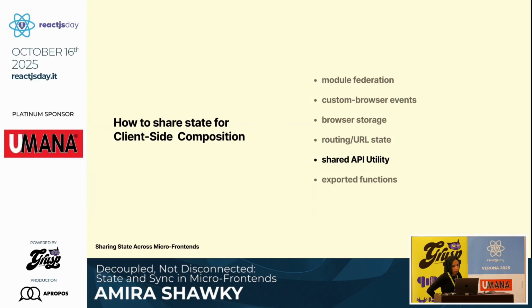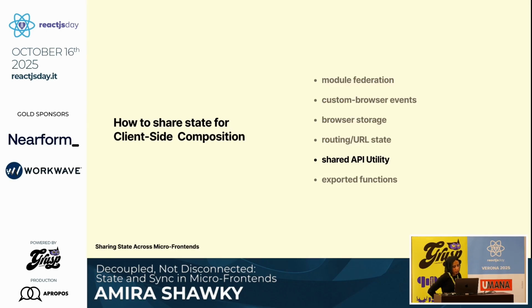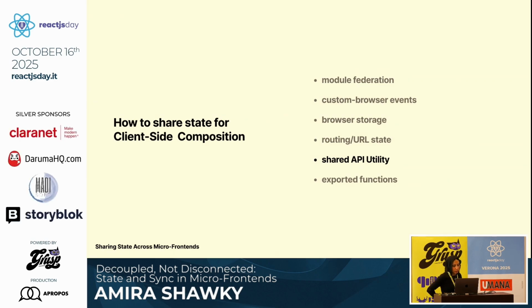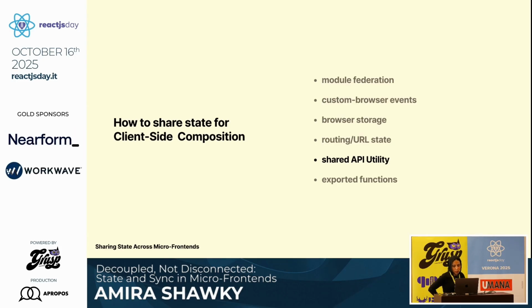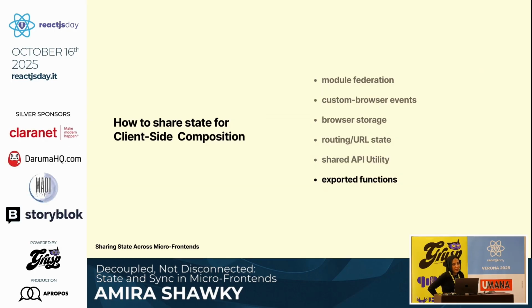All the individual micro-frontends can call the shared API micro-frontend when making a request, giving the API micro-frontend the ability to control whether or not the data needs to be refetched based on the freshness of it. This approach helps minimize the overhead of network requests, improving efficiency and reducing the risk of errors and inconsistent micro-frontends. Lastly, we have exported functions.